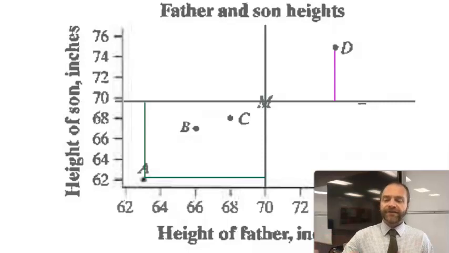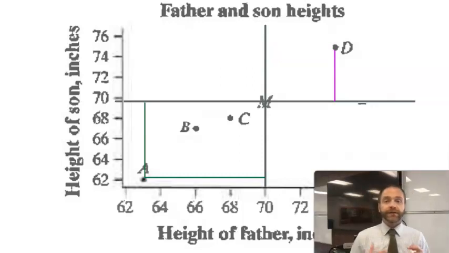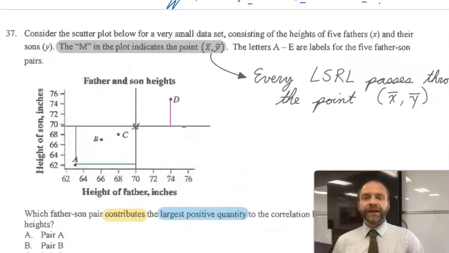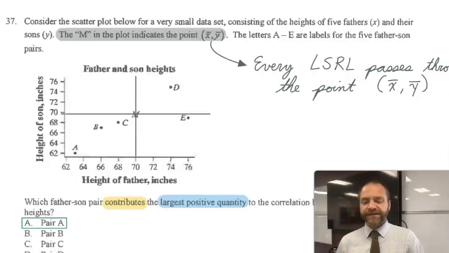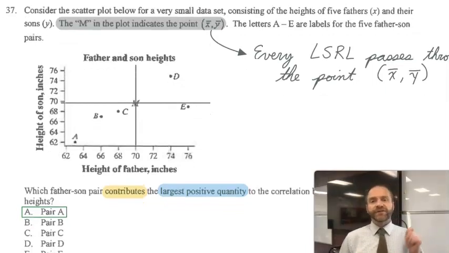I could actually address this as what if I moved A so that it was far away still for the x bar. What if it was the same distance for the y bar? Now in that case, since the x bar is farther from the A, it would still contribute the most. So there's little tricks you can do here, but the answer to this one is A. Pair A, that father-son pair, is what contributes the most.